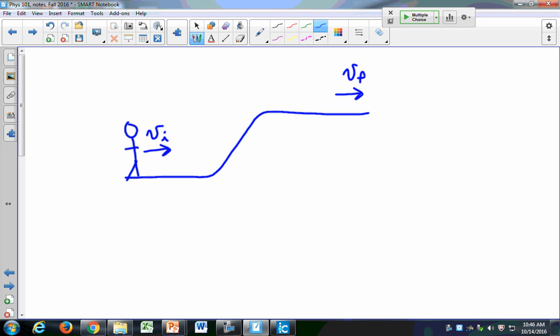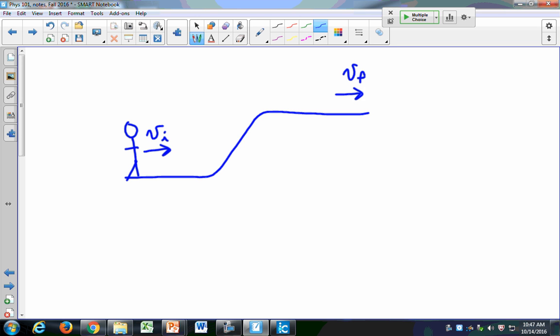Now, this problem isn't any different from the ones that we've been doing so far, except there's an added complication. On this problem, the kinetic energy down here is equal to the kinetic energy plus the potential energy up here. So the kinetic energy will be less than what it was down here, so you'll have less speed.